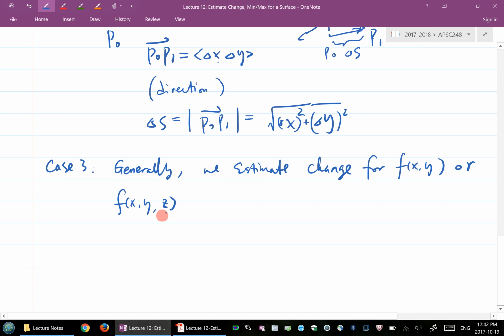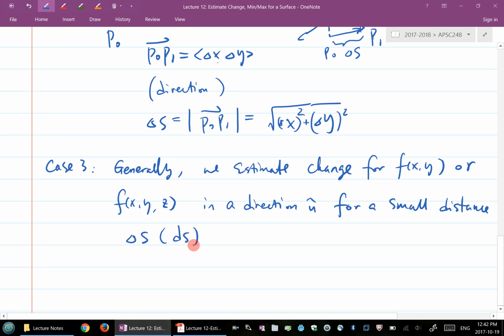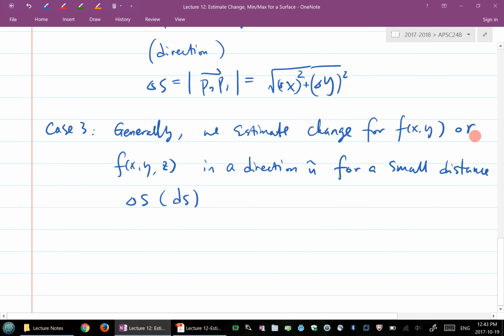More generally, it is in a direction u hat for a small distance delta s. How small? It could be as small as the smallest distance, ds, infinitesimally small. That's the general case.